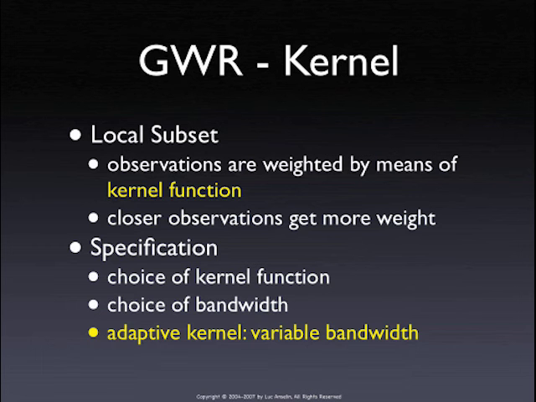So let's say you ensure that you have at least 20 data points for every parameter estimate. That means that in the denser parts of your sample, the bandwidth will be smaller because it doesn't take that much to get 20 other data points. But in the sparser parts of your data set, the bandwidth will increase up to the point that it catches 20 observation points. And so that's the notion of an adaptive bandwidth.